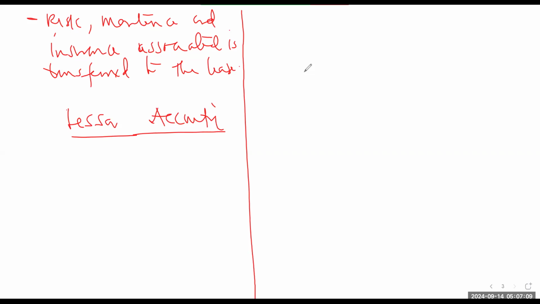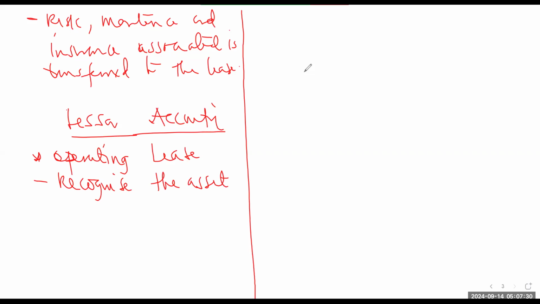If it is an operating lease, the ownership will not be transferred to the lessee for a particular period of time. So the lessor will still recognize the asset in its books and depreciate it over the useful life of the asset.